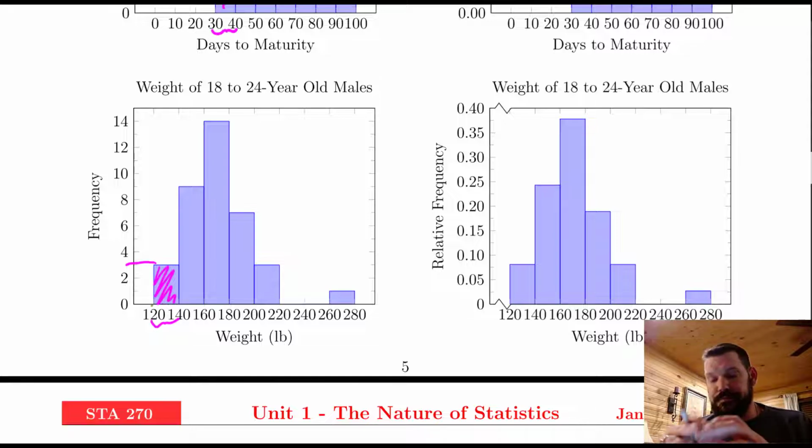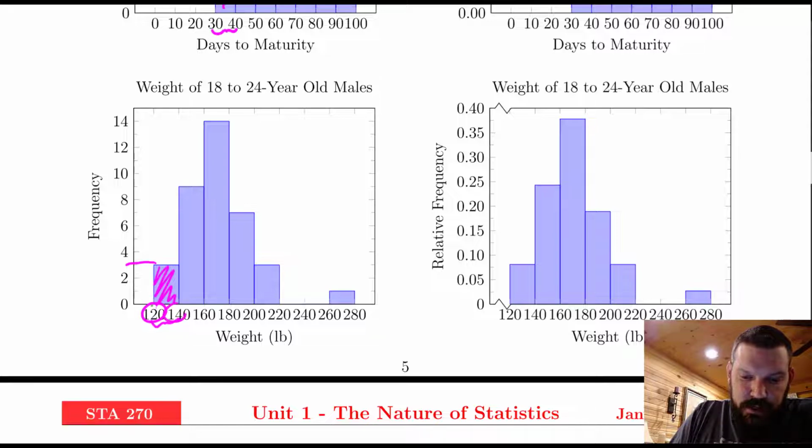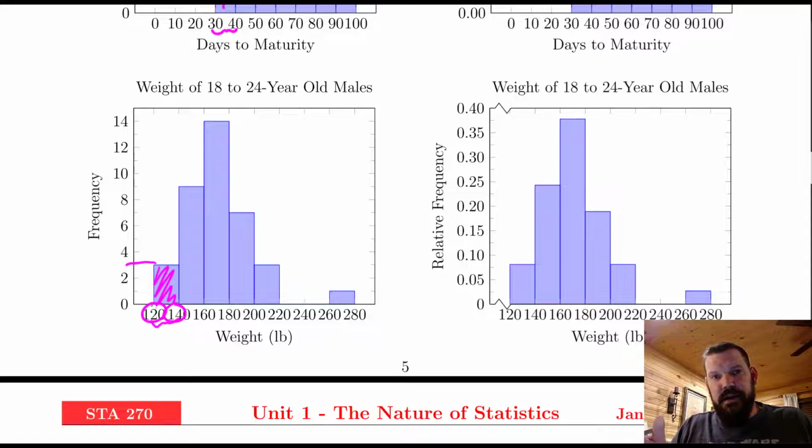So with single value grouping, your numbers line up in the middle of the bar, and this is important as far as the labeling of these graphs go. And then with limit grouping and cut point grouping, you have your lower value and your upper value on the left hand and the right hand line of your bar respectively.